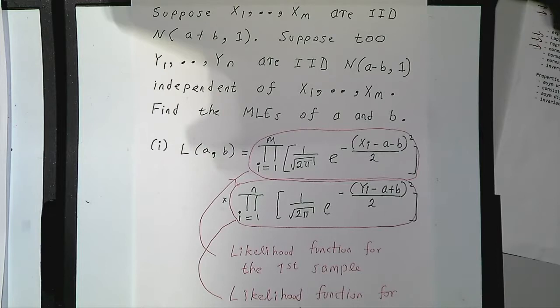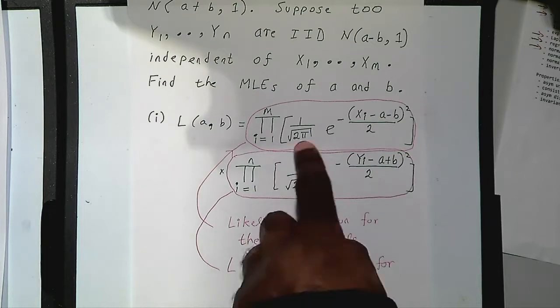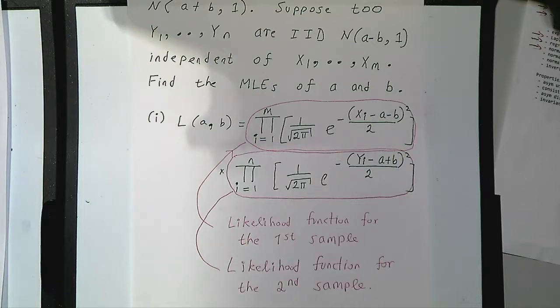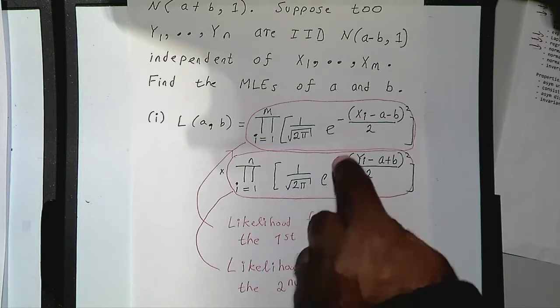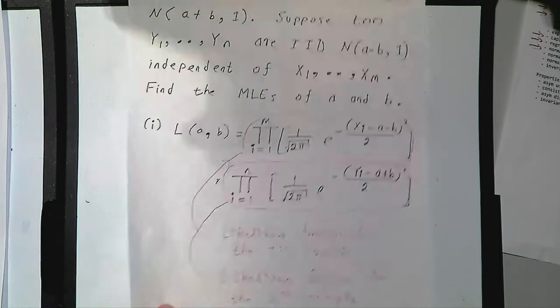Right. So you see what I've written. So you have two parts. The first part is the likelihood function for the first random sample. The second part is the likelihood function for the second random sample. And the likelihood is the product of the two. So this multiplied by this, right, is the likelihood. Okay? You guys okay or not? Okay?